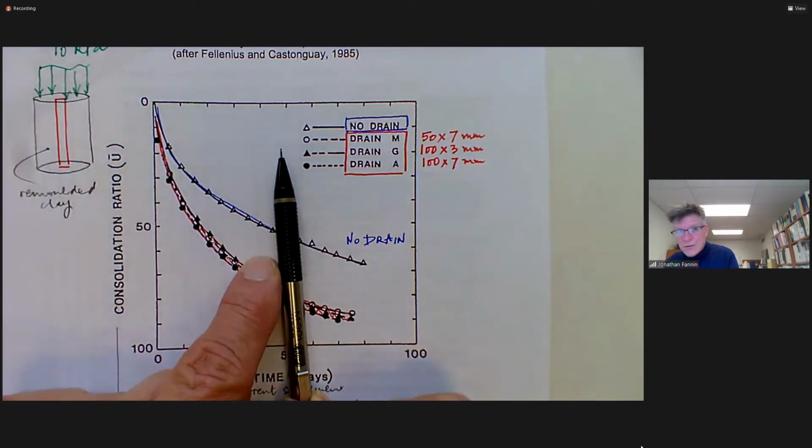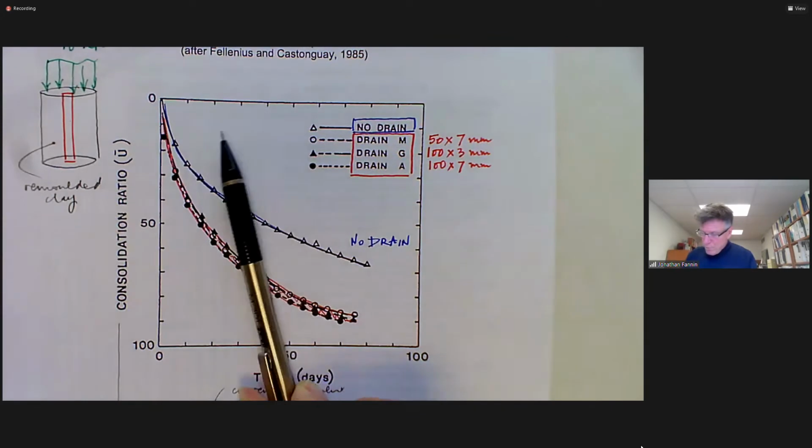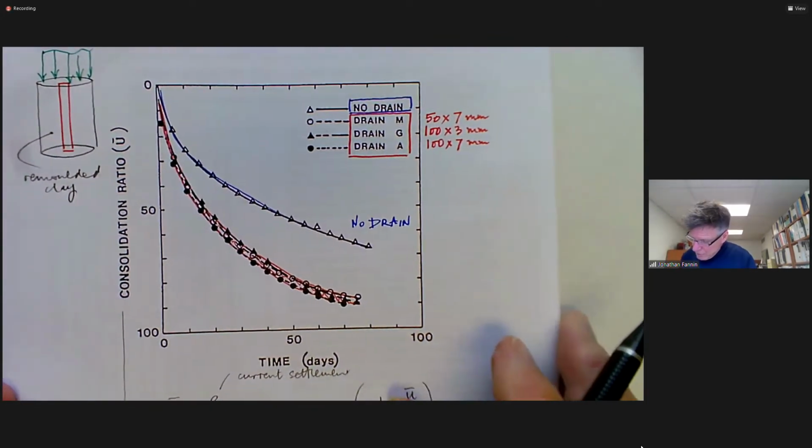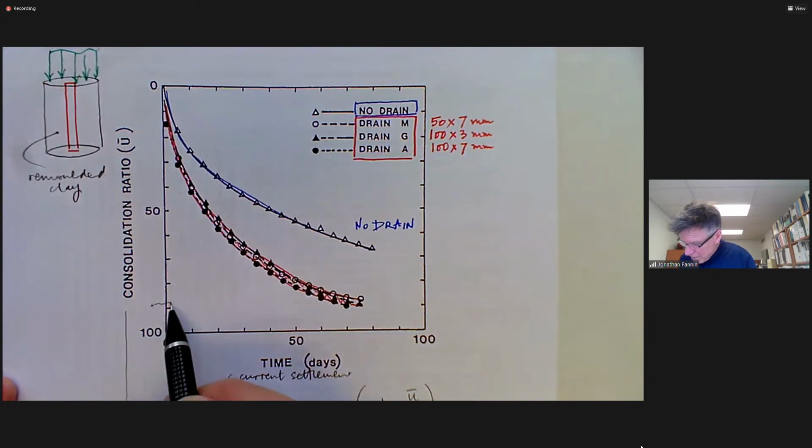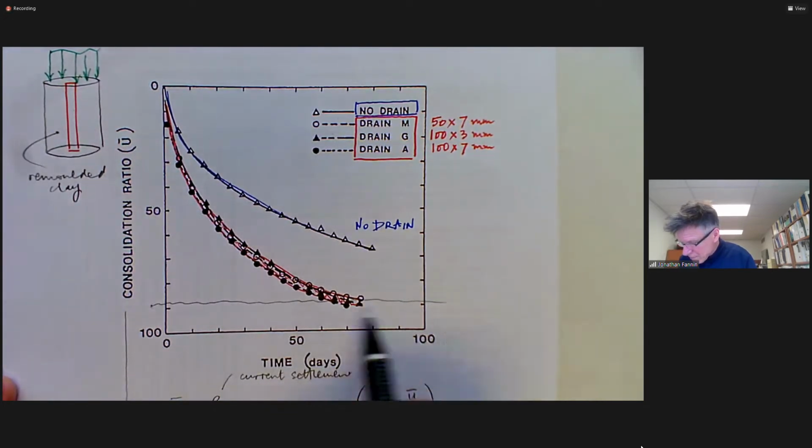versus the undrained. And often what we're seeking is to accelerate the time, for example, to achieve 90% consolidation.